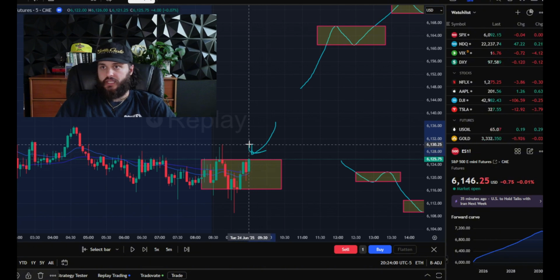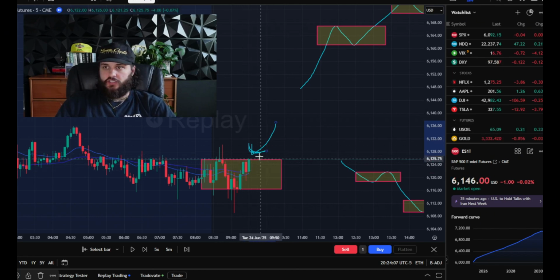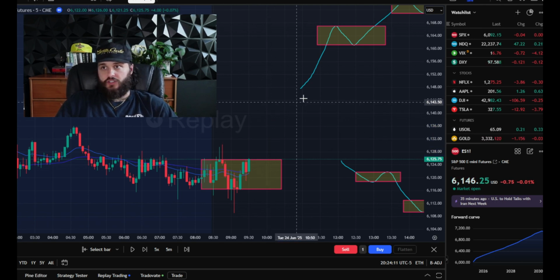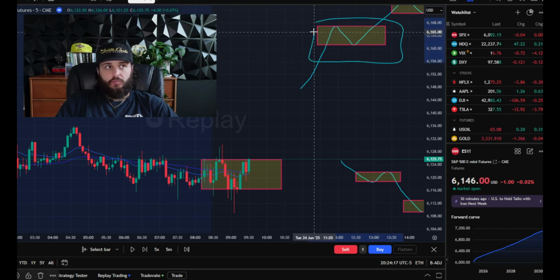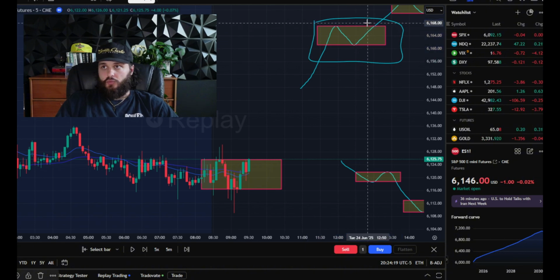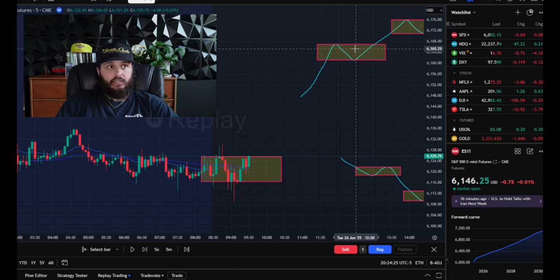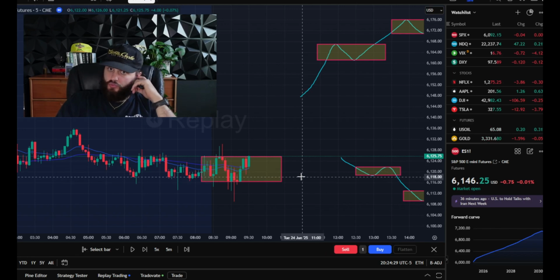We see price break and close over. That would be my entry in this situation. This is where I would enter into this trade, and the reason being is we're entering into a trend phase, very similar to the range we see up here in the top right. Price is breaking over out of that range and entering into a trend phase. So we exited the range phase and we're entering a trend phase after price broke above.